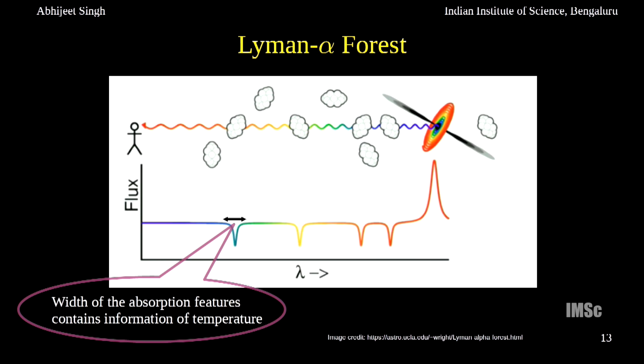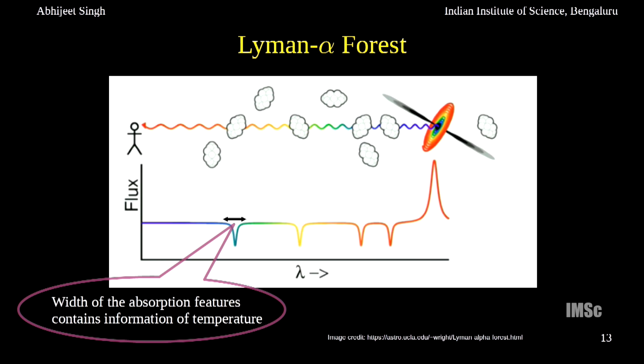As this light passes through the clouds, because it gets redshifted as it goes along, we will see absorption lines due to the Lyman-alpha transition. The width of these absorption features contains information about the temperature of whichever cloud is causing that absorption line.